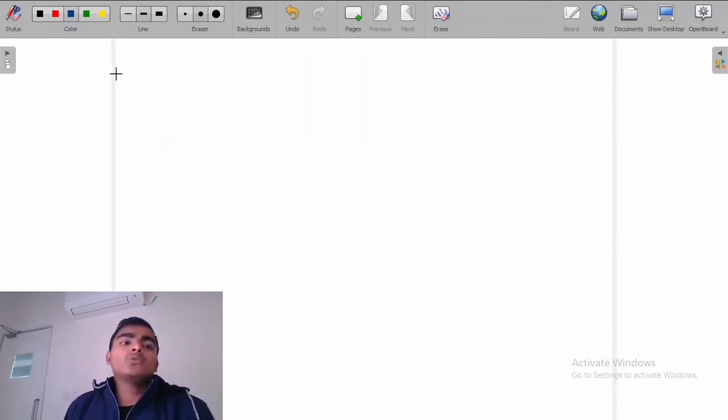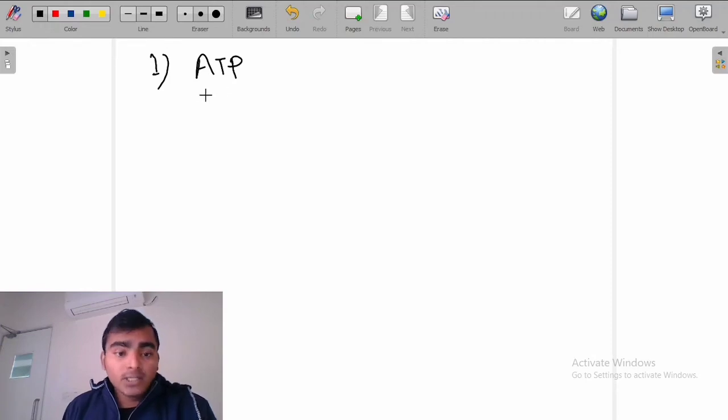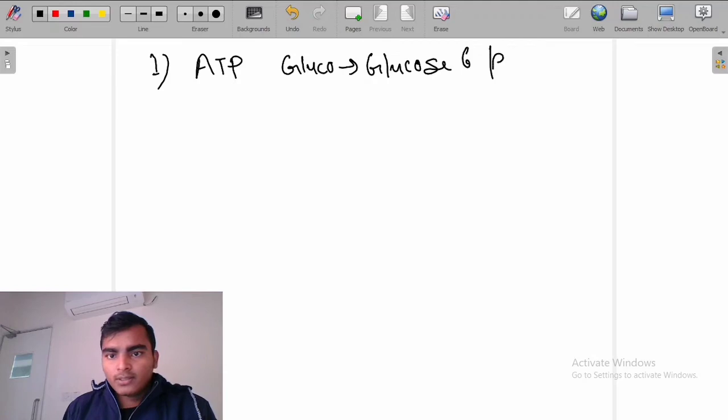Now we are going to count the ATP and NADH molecules in these steps. You can see that the first ATP molecule we invested was in the conversion of glucose to glucose 6-phosphate. So just remember it, glucose to glucose 6-phosphate.